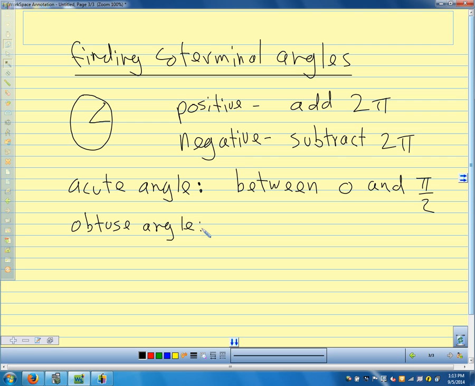We kind of ignore the bottom half of the circle, so we're going to say that an obtuse angle is between pi over 2 and pi, because we do something else with the angles down there. Usually we think of obtuse angles being larger than 90 degrees, but here it's between 90 and 180, or between pi over 2 and pi.